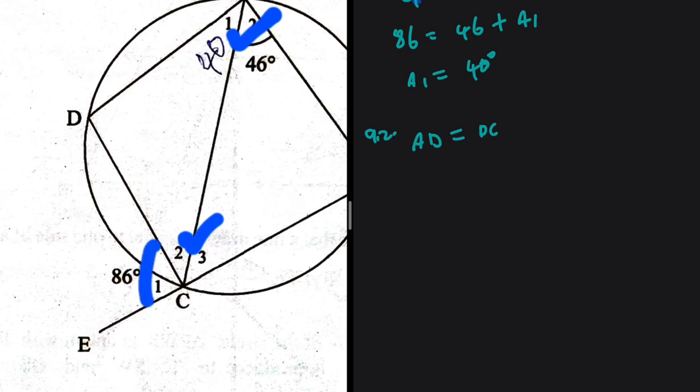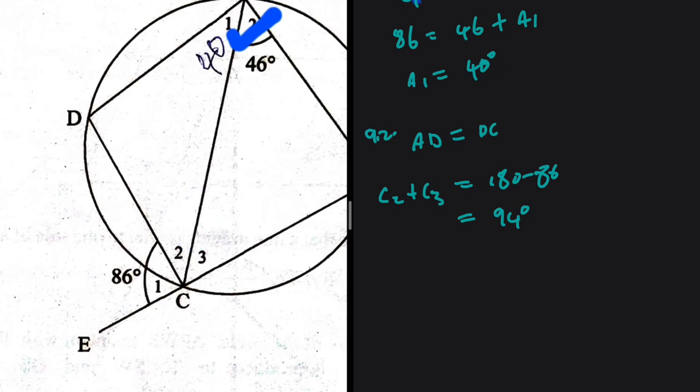So because C1 is 86, I can find the sum of C2 plus C3 using the sum of angles on a straight line. So C2 plus C3 is equals to 180 minus 86, that is 94 degrees. So C2 plus C3 is 94 degrees.